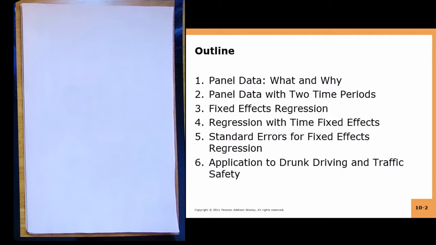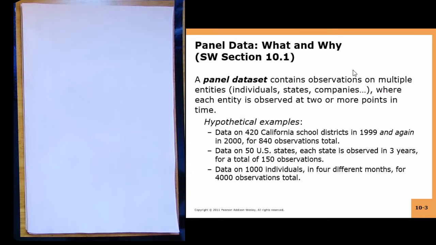Now, why is using panel data useful, or why do econometricians follow panel data? That is something we will discuss in a little bit greater detail later on. So first we give a formal definition for what a panel data set is. A panel data set contains observations on multiple entities.